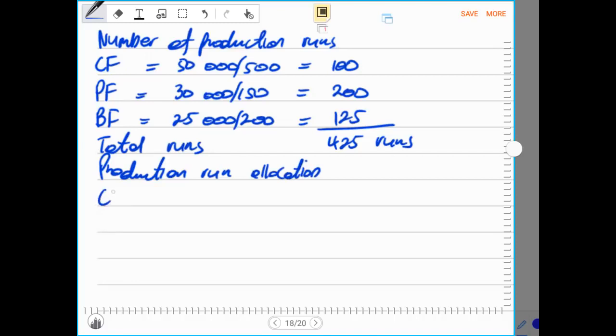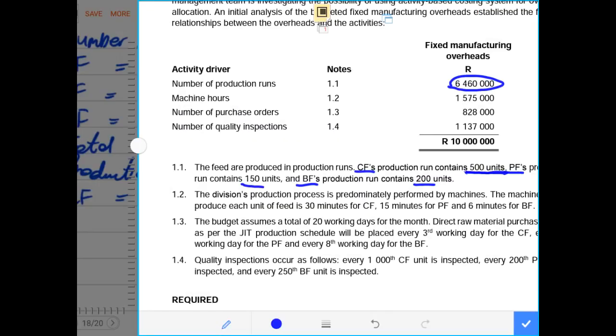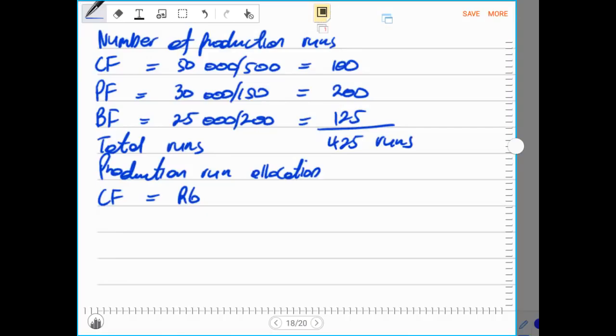We allocate to CF: 6,460,000 times 100, divide by 425.